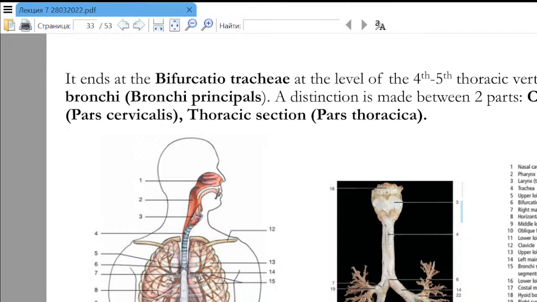Distinction is made between two parts of the trachea: the cervical section, pars cervicalis, and the thoracic part, pars thoracica. Two parts. This is the trachea. You see the trachea.